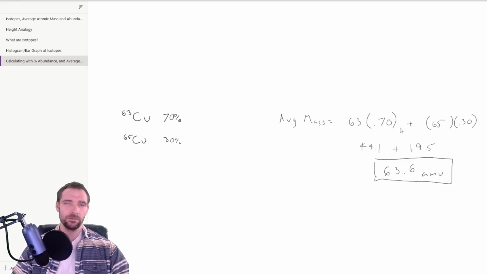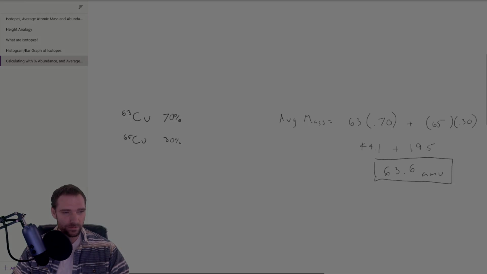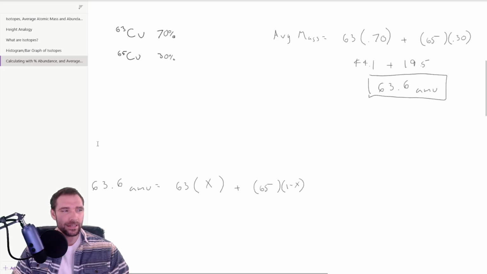Now, oftentimes they'll give you the average and they'll ask you what portion you have of a certain element. Actually, let me make one real quick and I'll show you. Okay, this is what I'm talking about. They typically show this form where you have the atomic mass, and they may have told you the amounts of the different isotopes, and they want you to tell them what portion there is.